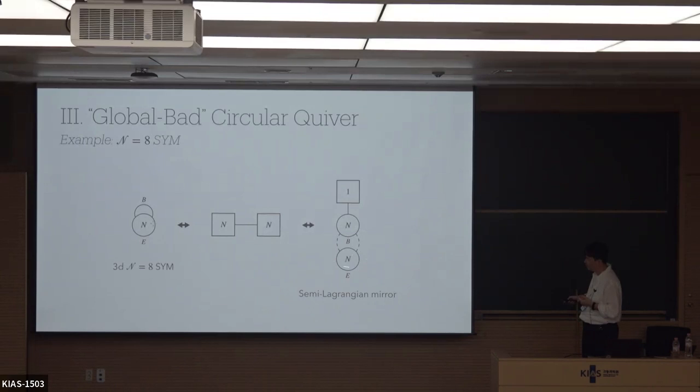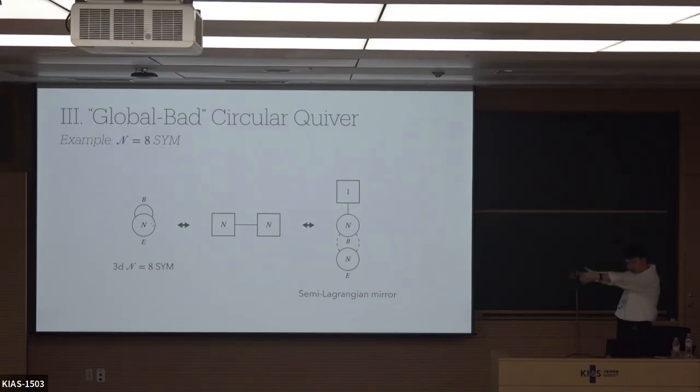So once I combine them, I get this one, which is the semi-Lagrangian mirror dual. So the claim is that the mirror symmetry of this 3D N equal to 4 super Yang-Mills is the semi-Lagrangian one looking like this. Okay? And as I mentioned, this is not the end of the story.